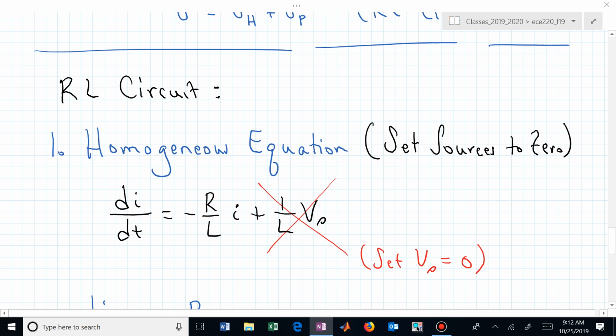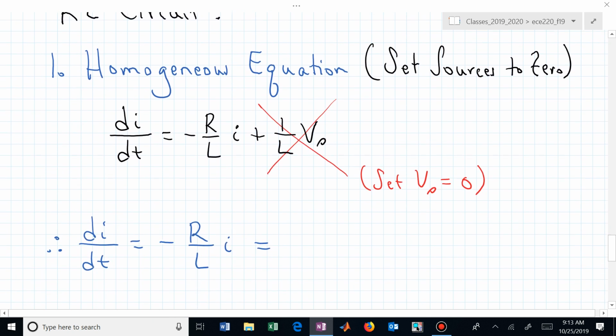And this looks like what we were playing with in the first part of chapter 7, which is the natural response. We had dx equal to minus x, or something like that.